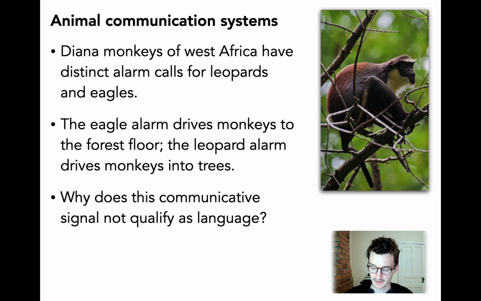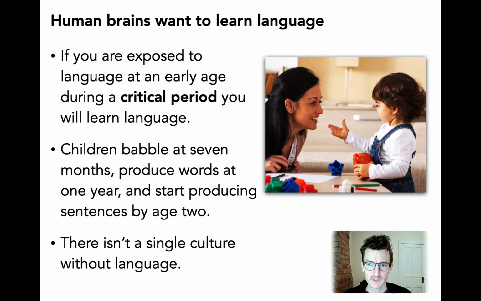So let's talk a bit about language development. Something that is quite clear is that human brains want to learn language. If you're exposed to language early in life, you will learn language. You just have to be exposed to it. There's enough evidence, I think, now to say that our brains are wired.